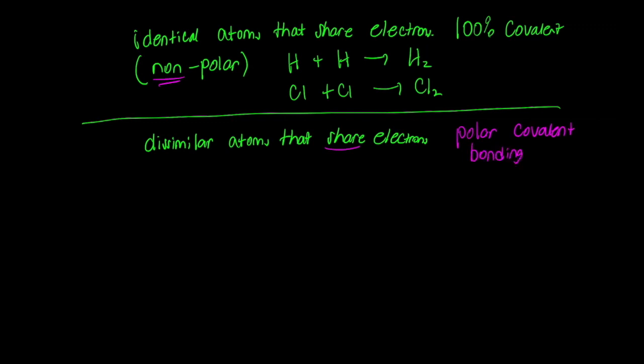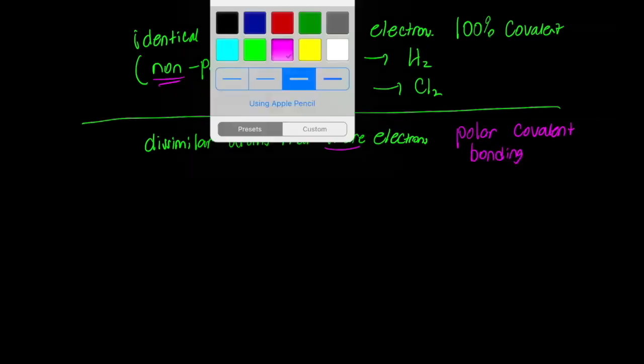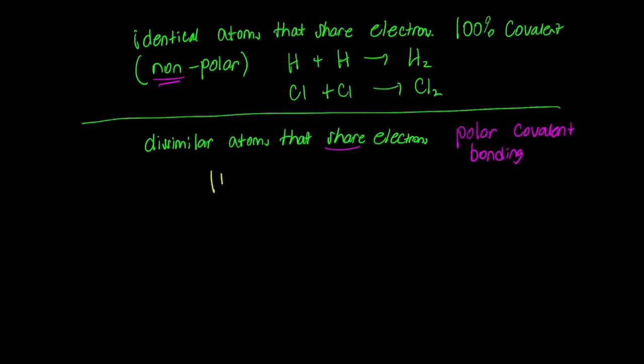So what does that look like? Well, it would be, for example, a hydrogen coming together with a chlorine, and that forms HCl, right? Hydrogen chloride is a gas. And now what you want to do is look at the electronegativity values of these two atoms. Well, let's first draw a little picture of this.